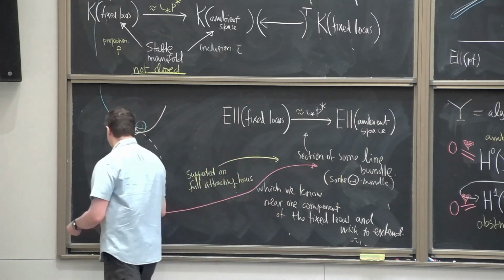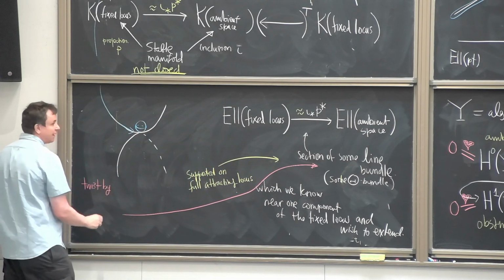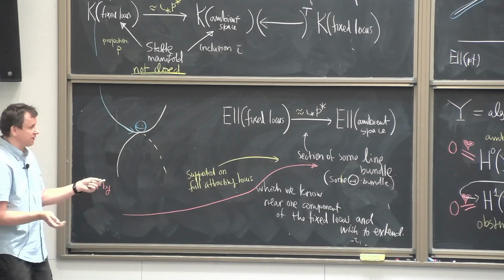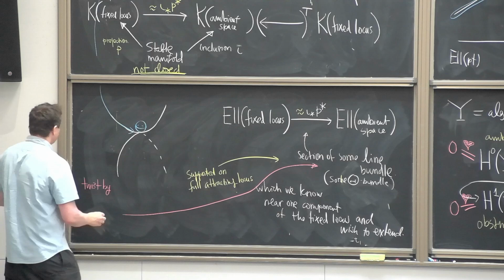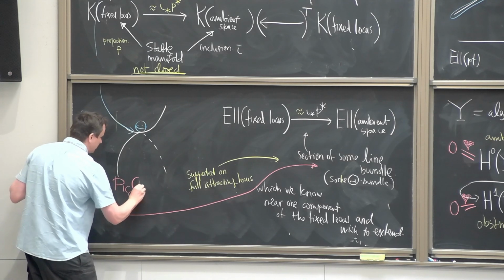You can twist by an arbitrary degree 0 line bundle, because if I twist everything by an arbitrary degree 0 line bundle, nothing is going to change. So I take Pic 0 of the elliptic cohomology.